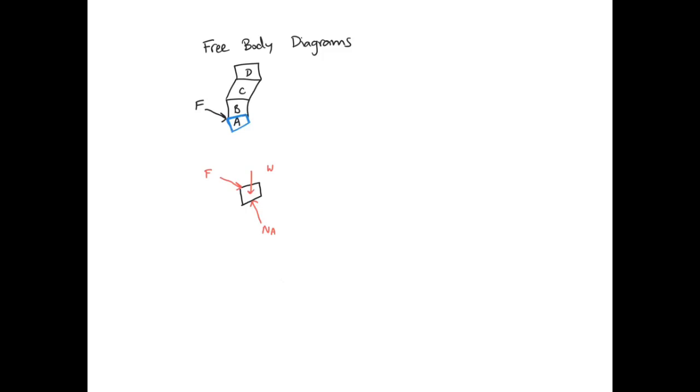But we also have to consider the forces due to these blocks. Instead of considering the mass of each block, we replace that with the normal force that's occurring between block A and B. So that means we have a normal force here that I'm going to call normal force AB.